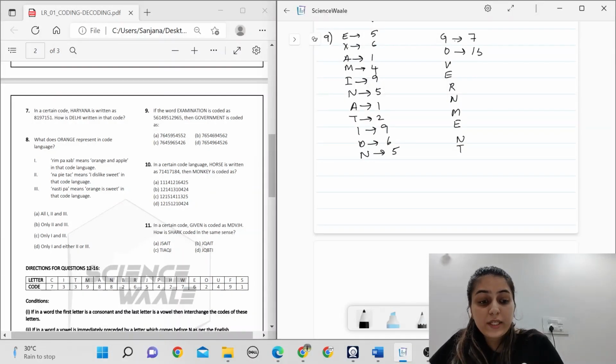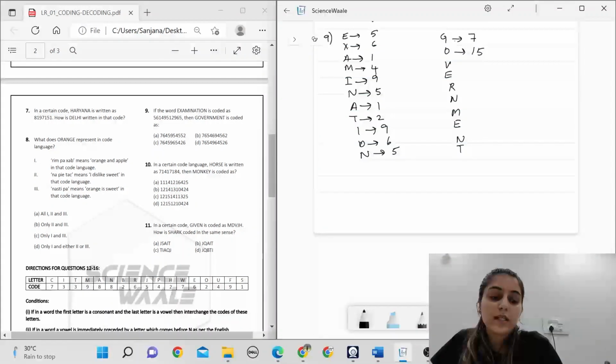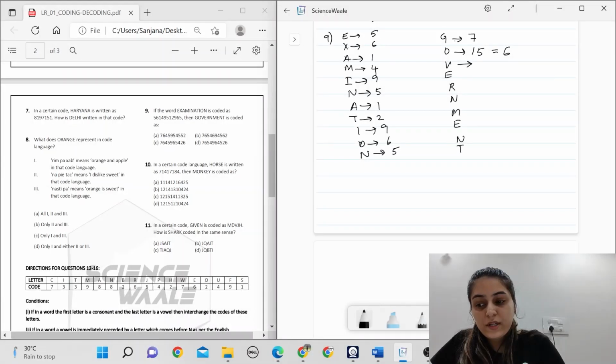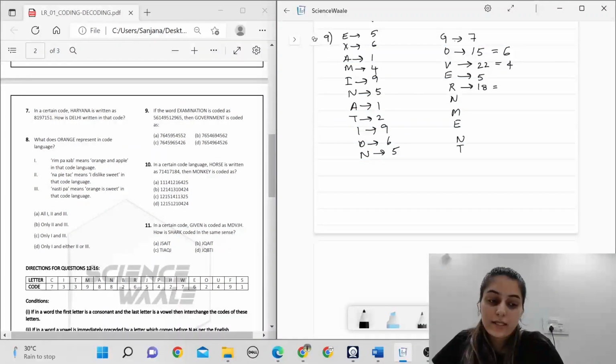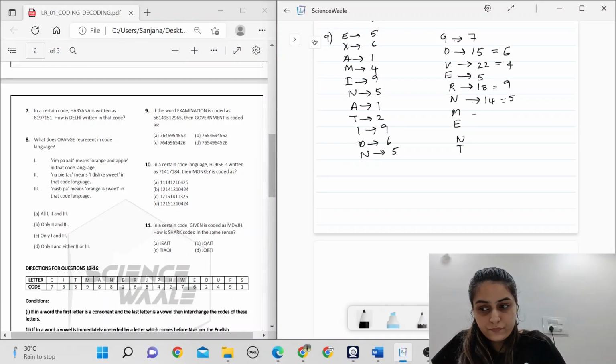O is the 15th letter of the alphabetical series, so 1 plus 5 would be 6. V stands for the 22nd letter, 2 plus 2 is 4. E stands for the 5th letter. R stands for the 18th letter, which is 1 plus 8, 9. N stands for the 14th letter, 1 plus 4 is 5.